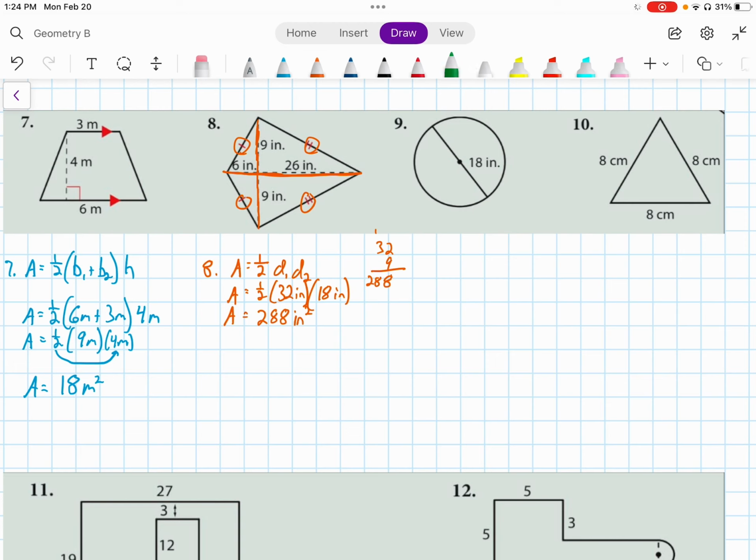Number 9, we have a circle with a diameter of 18 inches, but we know area of a circle is pi times the radius squared. So our radius we know is 9 inches. So this is area equals pi times 9 inches squared. So that is 81 pi inches squared. If you want to, you can multiply that. You can definitely use a calculator.